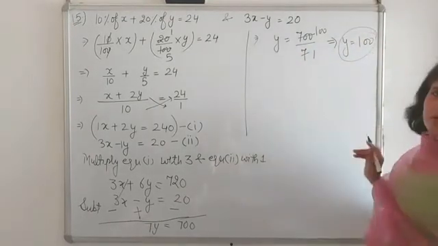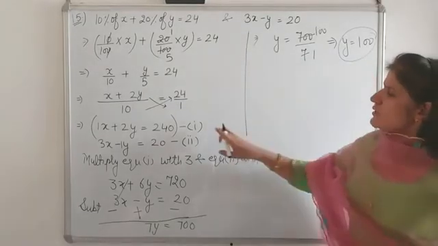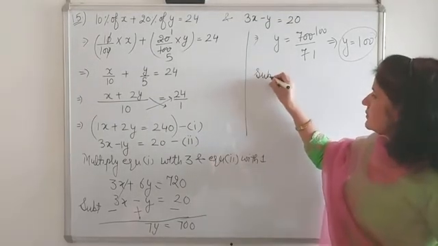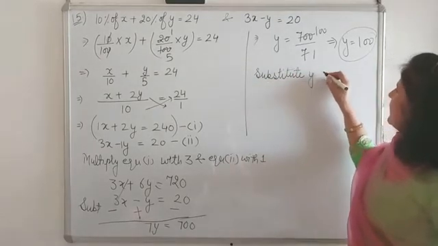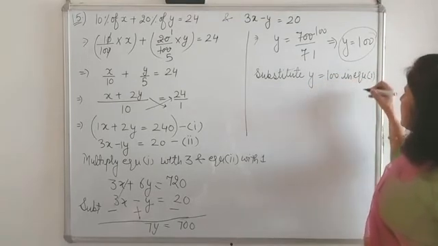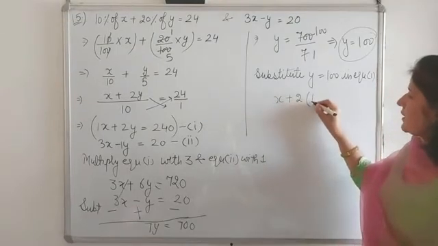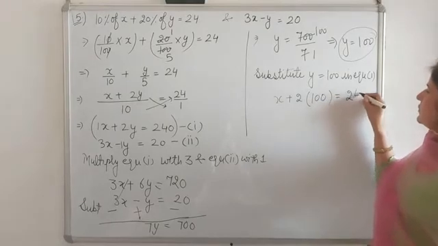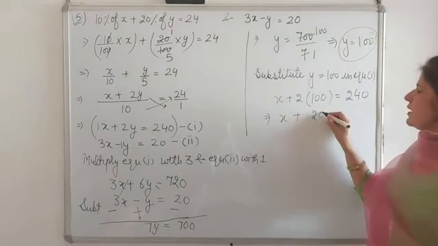So, one value we have found. Now this value you have to substitute either in 1 or in 2. Substitute y is equal to 100 in equation first. x plus 2 into y, 2 into 100, is equal to 240. 2 into 100 means 200.